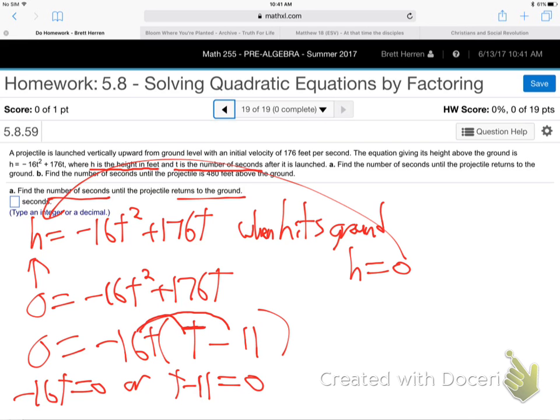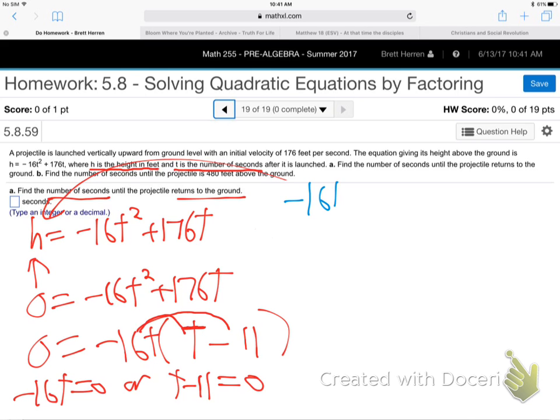Getting the hang of these steps more and more. Let me bring it over here. So I've got minus 16t is 0, and t minus 11 is 0. Good, good. Now, how do you finish solving for t?